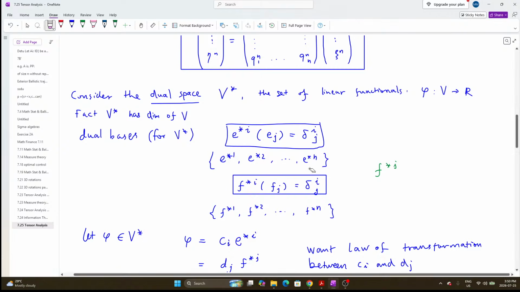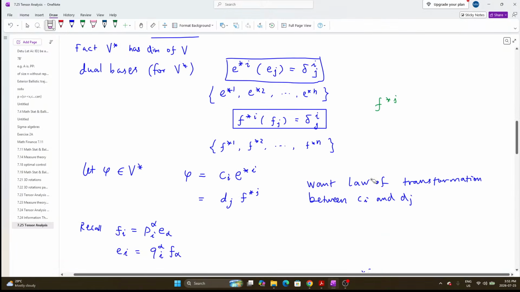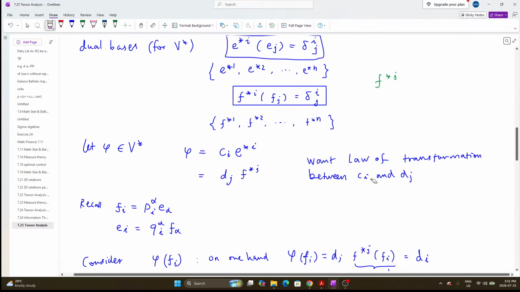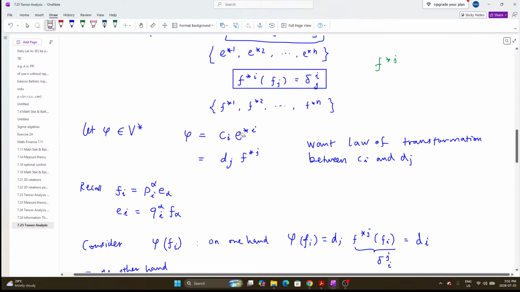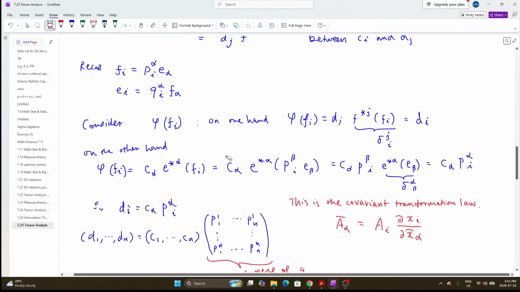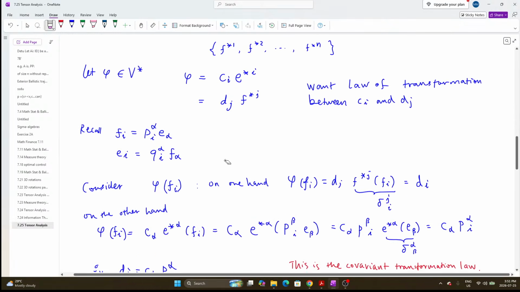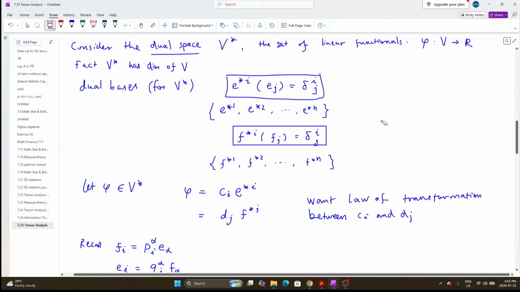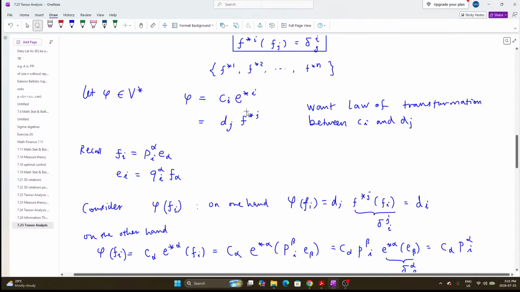How do you write the new dual basis in terms of the old? Well, these two are related, right? We have the transformation law between C and D, so that should be useful.